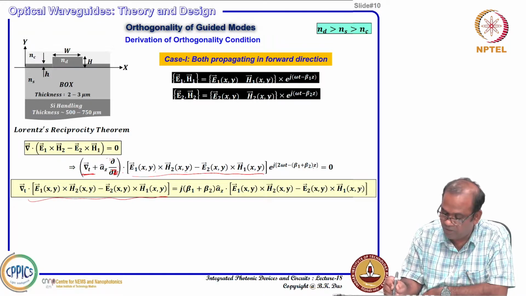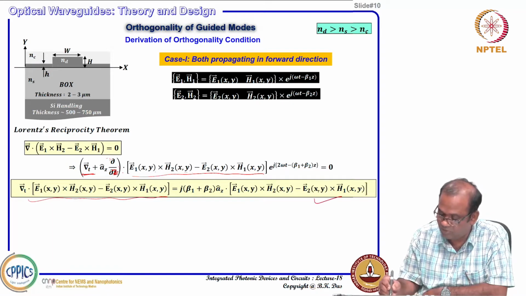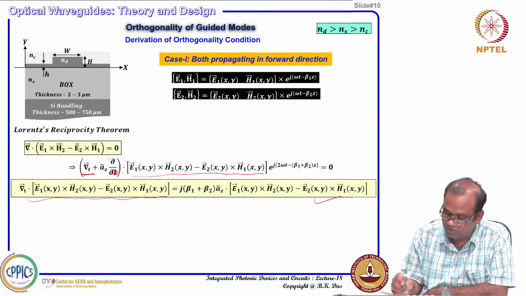You see, beta 1 plus beta 2 z will be a factor. So minus j beta 1 plus beta 2 you will be getting, right? So this will be here minus, and you are taking that to the right hand side. Okay, so this may be minus plus, so that will be equal to 0. So this side, again a minus sign will be there.